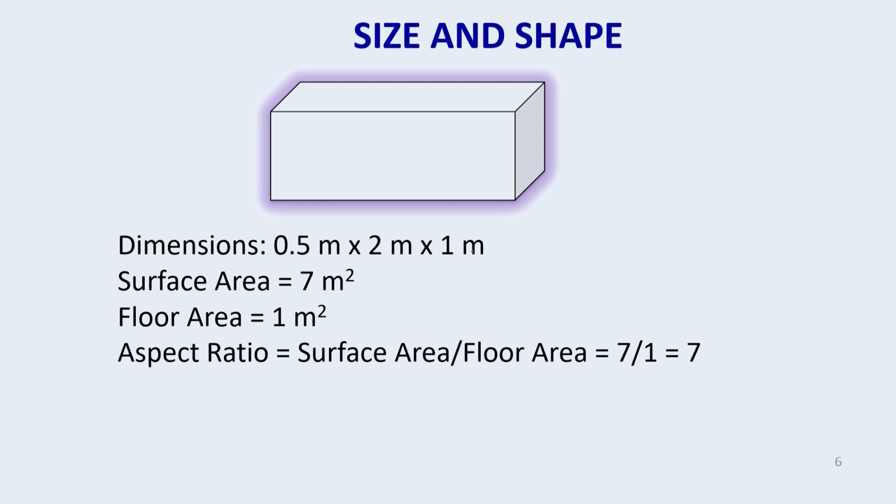So the surface area comes to 7 meter square. This is a rectangular shape. The floor area is 1 meter square. When we calculate the aspect ratio, it comes to 7. The cold room or the cold store is to be designed with the least aspect ratio. This point is very, very important. The aspect ratio should be as small as possible.